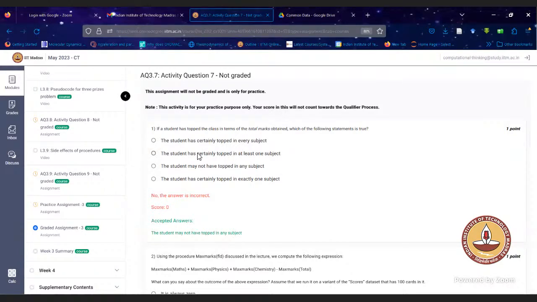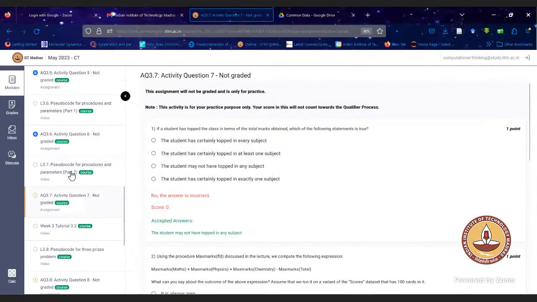That is not an argument you can make. In all four options, you can see the word certainly used, right? So the options which are not true are ruled out. Okay. So, 3.4 activity, questions 3 and 6.